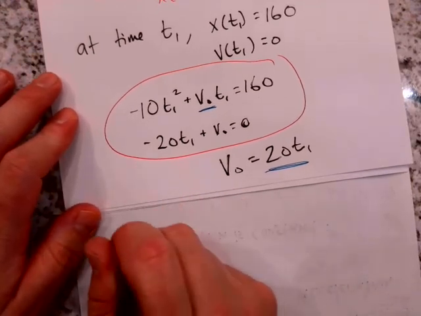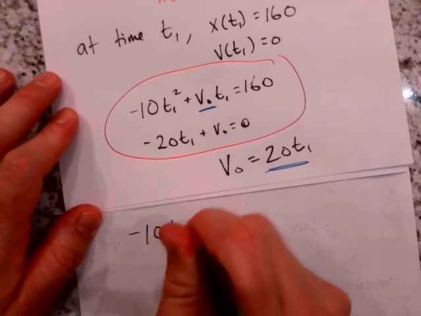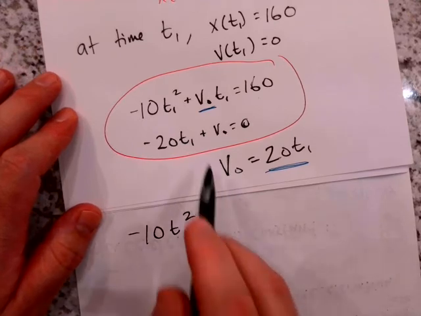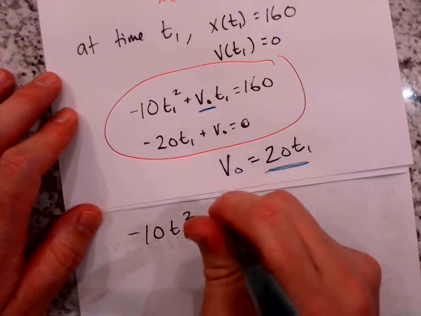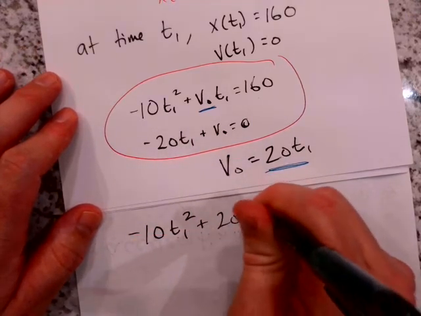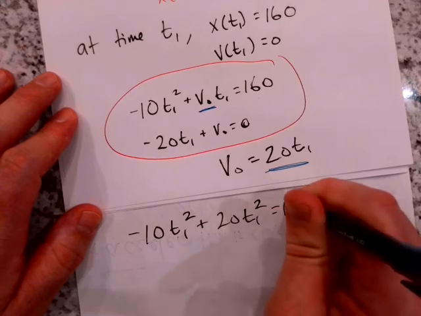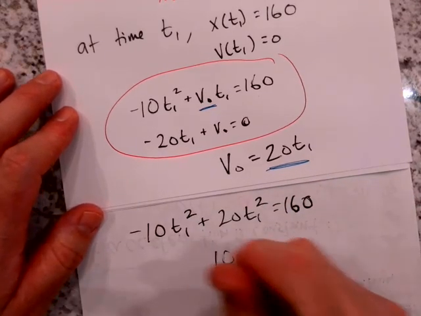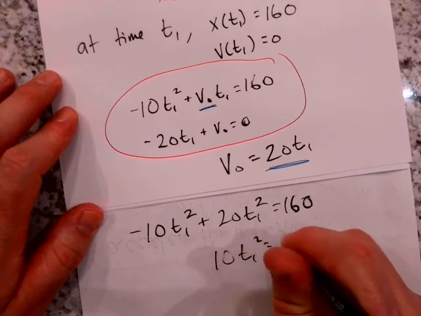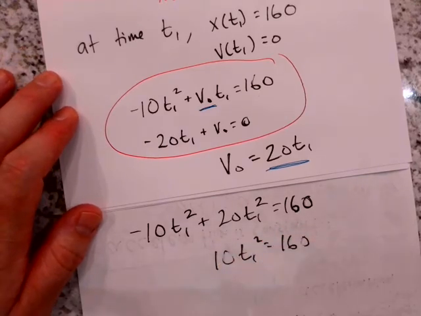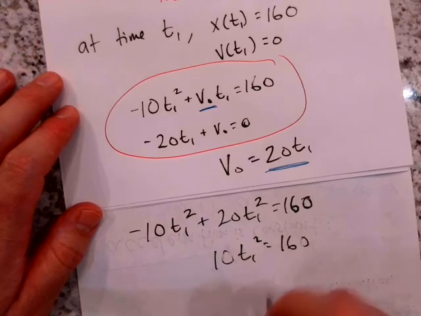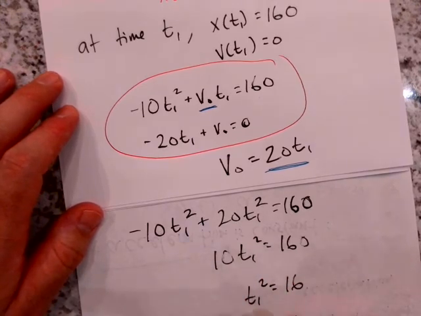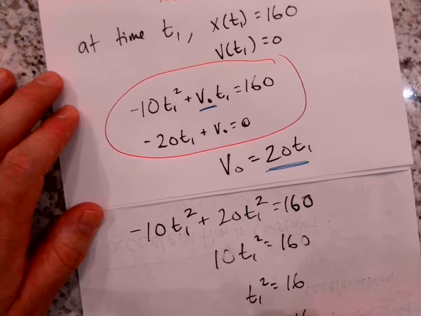So negative 10 t1 squared plus 20 t1 times t1 equals 160. That gives you 10 t1 squared equals 160. Solve that for t1. You get t1 squared equals 16. t1 equals 4 seconds.